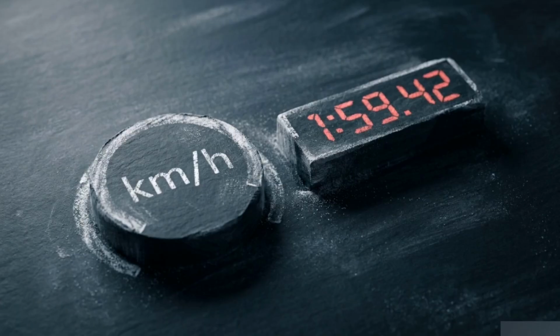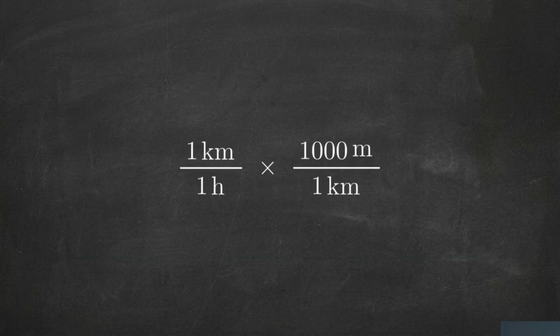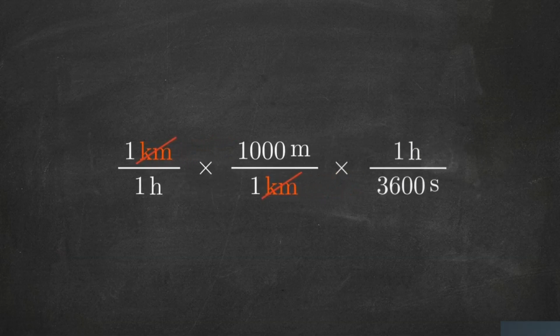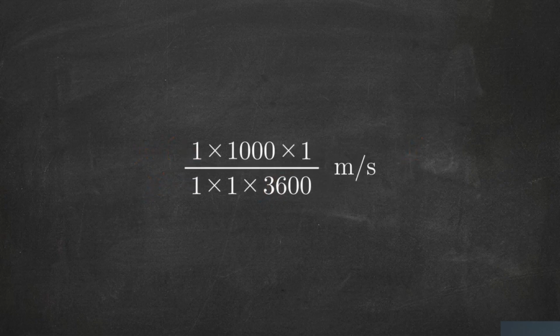We are going to convert kilometers per hour into meters per second. Multiply 1 kilometer per hour by 1,000 meters over 1 kilometer. The km units cancel. Then place our time fraction, 1 hour over 3,600 seconds, upside down, putting hour on top. The h units cancel.